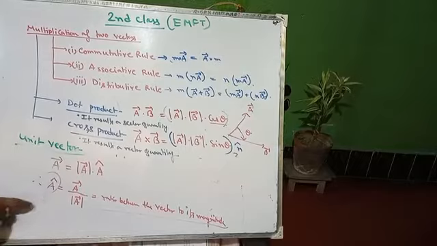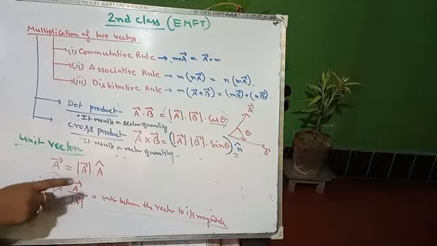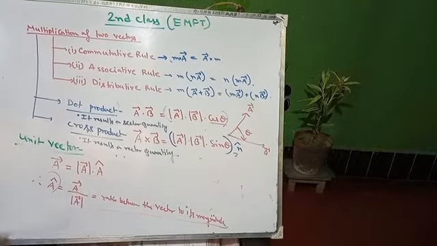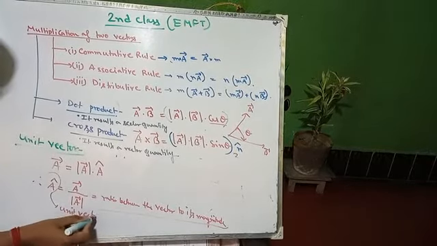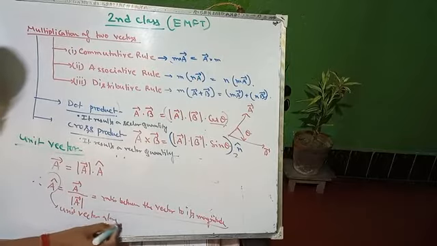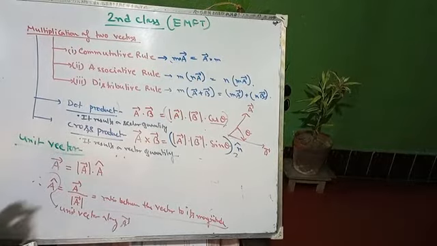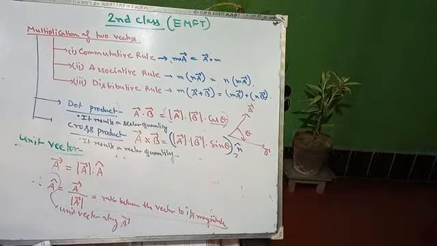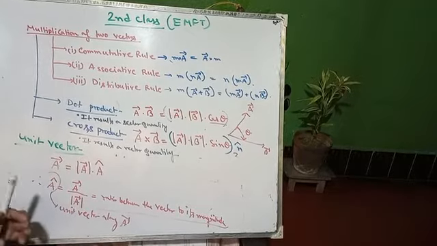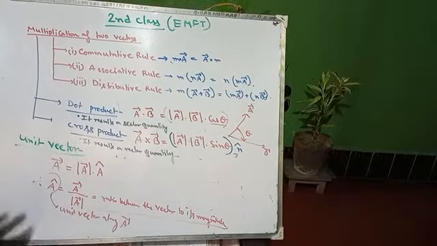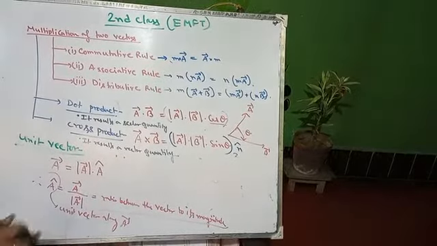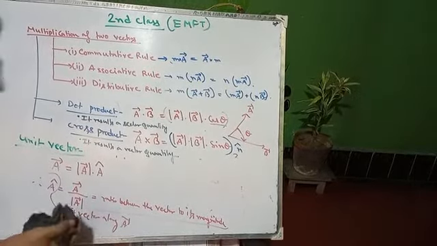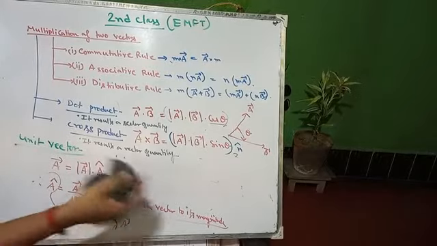Write: where A cap equals the unit vector along the A vector. Each and every vector has some unit vector. Always remember, every vector has some unit vector. But here, some predetermined unit vectors are there by which we can find the unit vector of a particular vector.